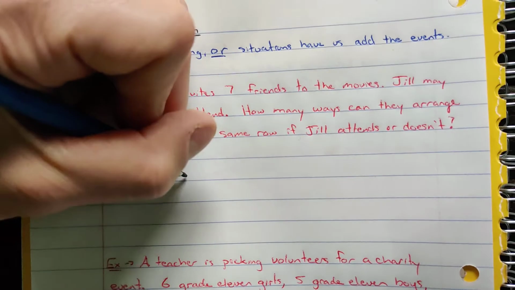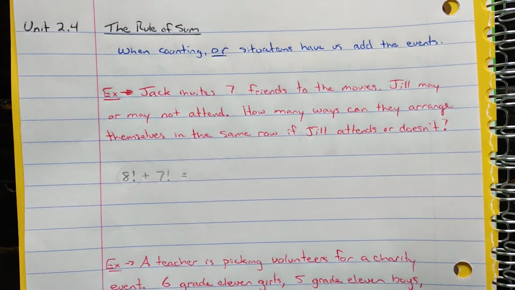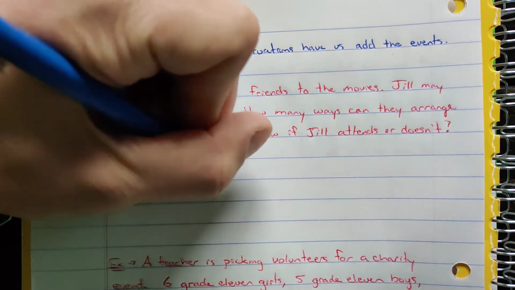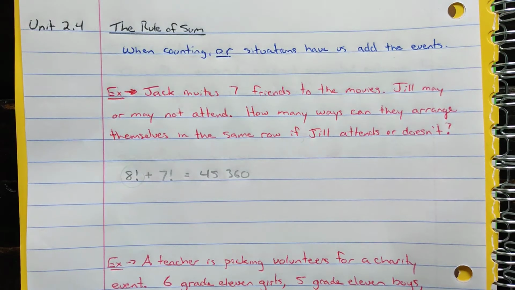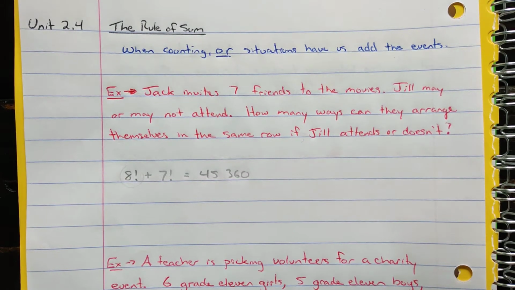So we just add those 2 up, and that will give us our total number of permutations if Jill arrives or doesn't arrive. So we have 8 factorial plus 7 factorial. That's going to give us 45,360 different permutations if Jill attends or doesn't attend.